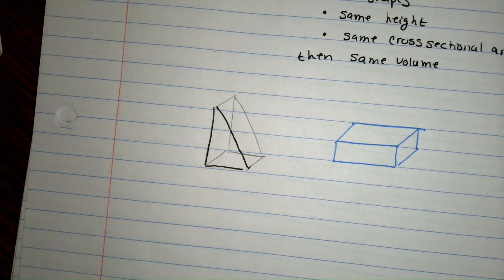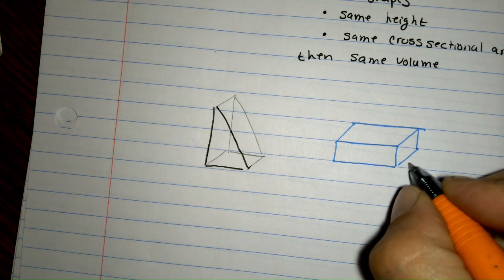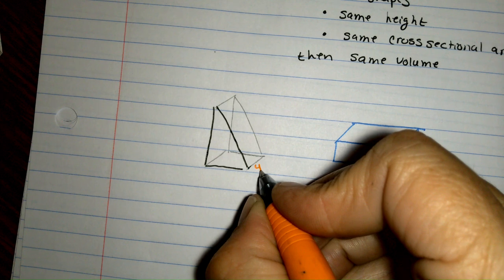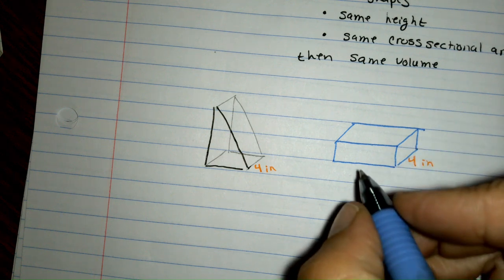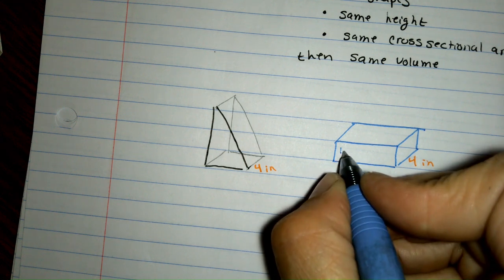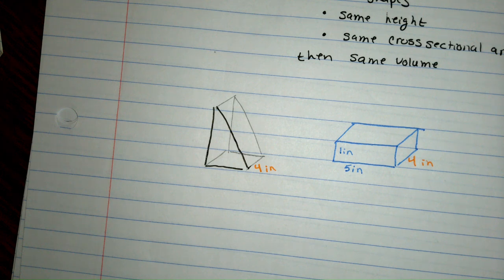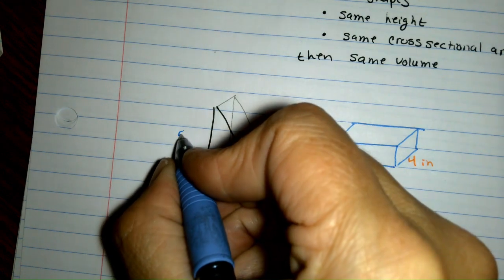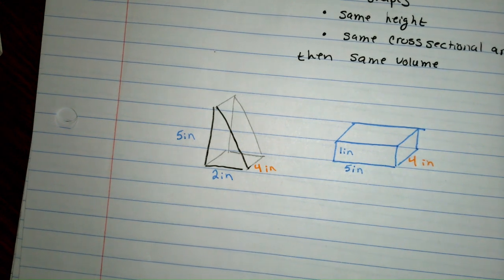Okay, now they're both going to have the same height between their faces. We're going to make these both 4. We'll call it inches. Okay. This is going to be 5 inches wide and 1 inch tall, right? And this will be 5 inches tall and 2 inches wide. Okay.